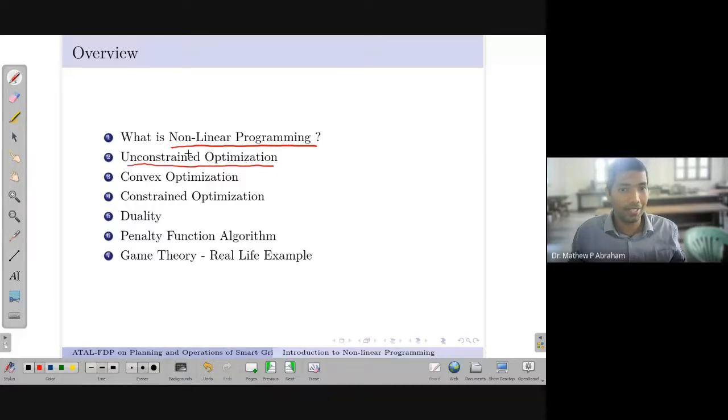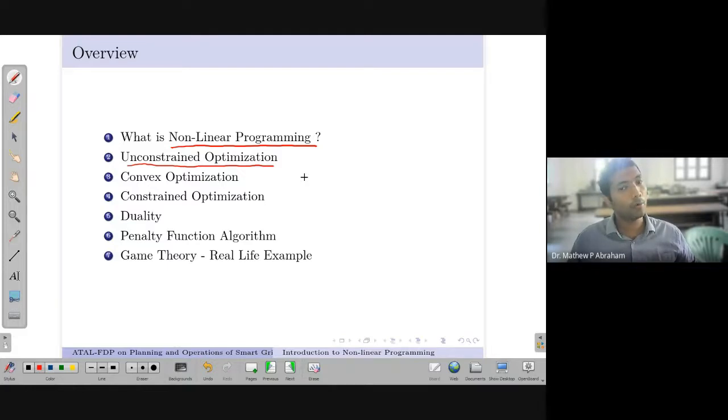As I mentioned, nonlinear programming is a technical term for optimization, basically solving an optimization problem. One of the easiest types to understand is the unconstrained optimization problem, and we will see how to solve it.